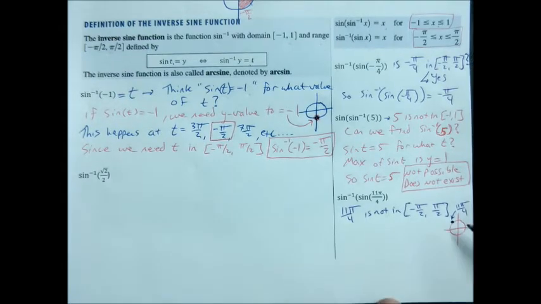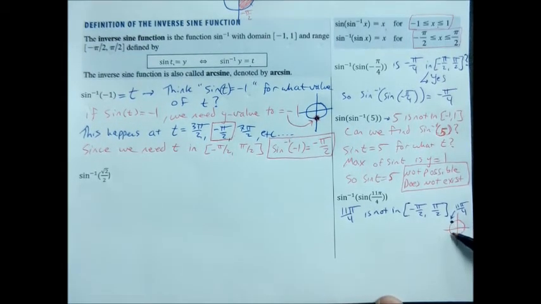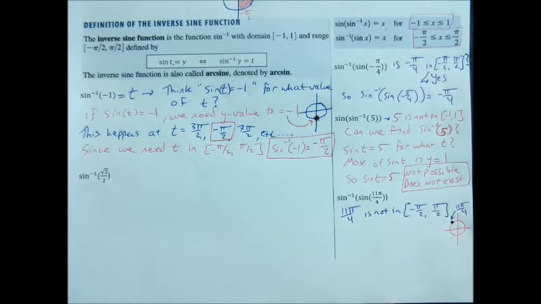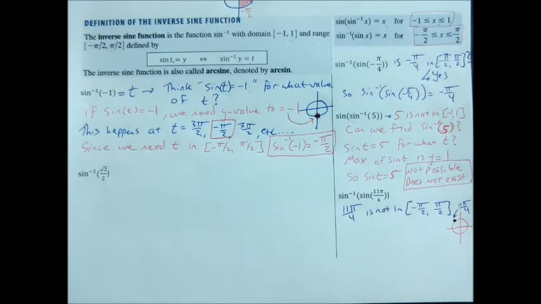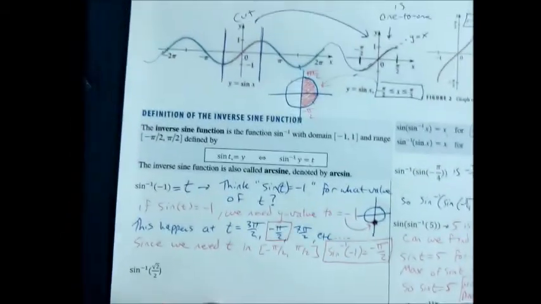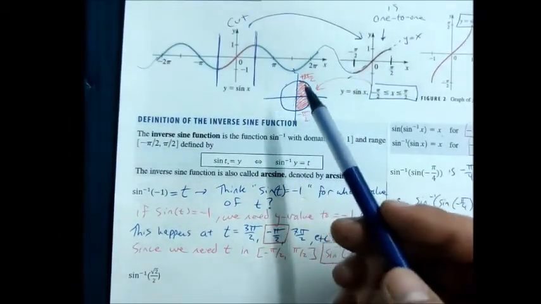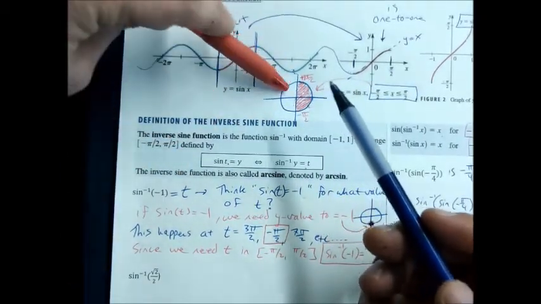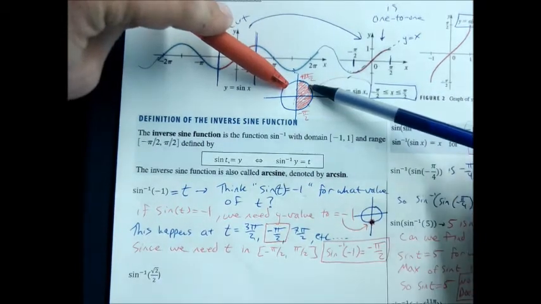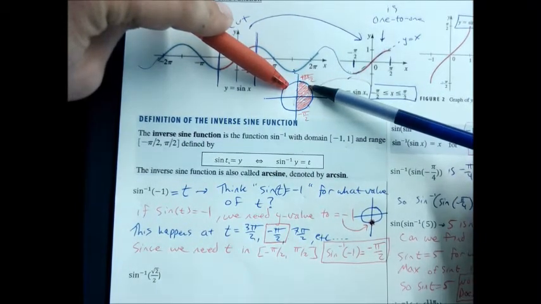But it has the same y value as something that is on the correct side. What has the same y value that's between minus pi over 2 and pi over 2 as 11 pi over 4? So 11 pi over 4 is right here. It's a pi over 4 type. What's this type right here that is on the same height, that has the same y value?